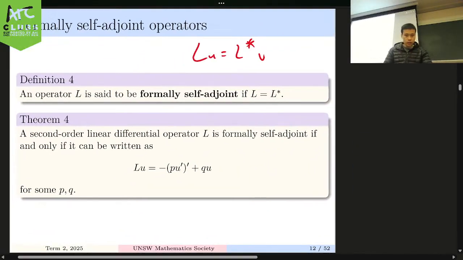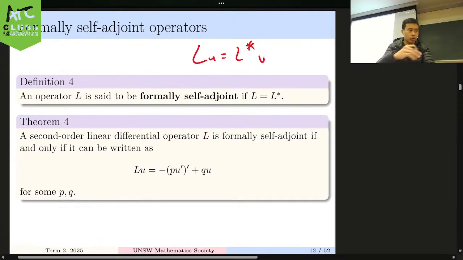The other important theorem is an operator is formally self-adjoint if and only if it can be written in this form. So it's very specific. Why should we care about this form? It will be explained later.